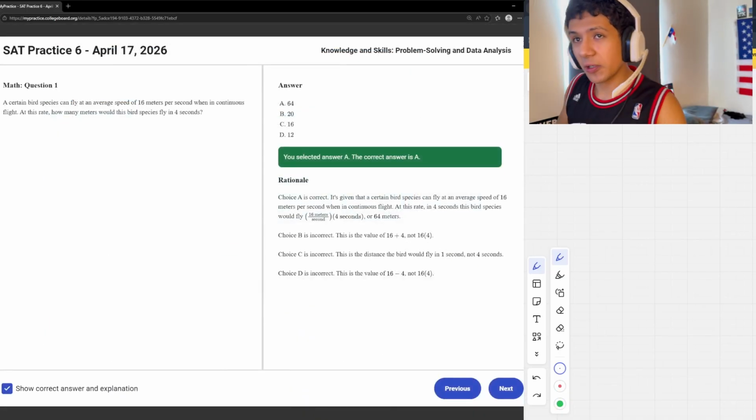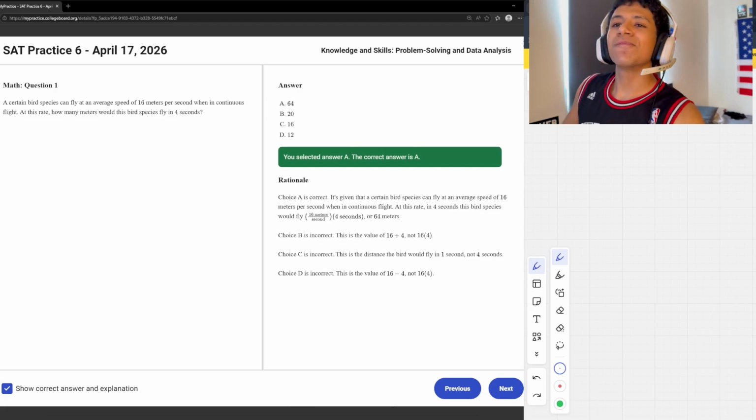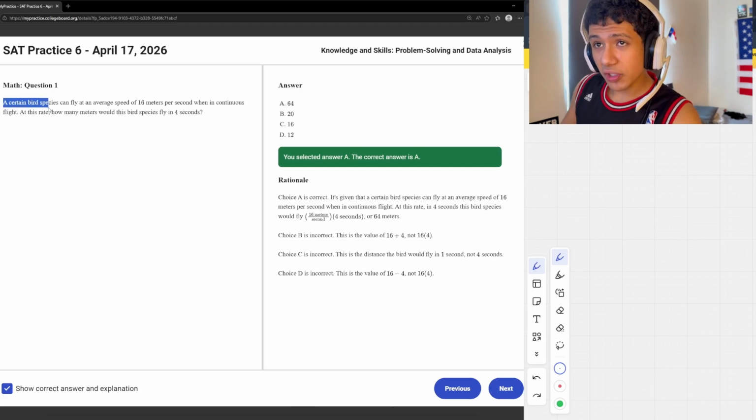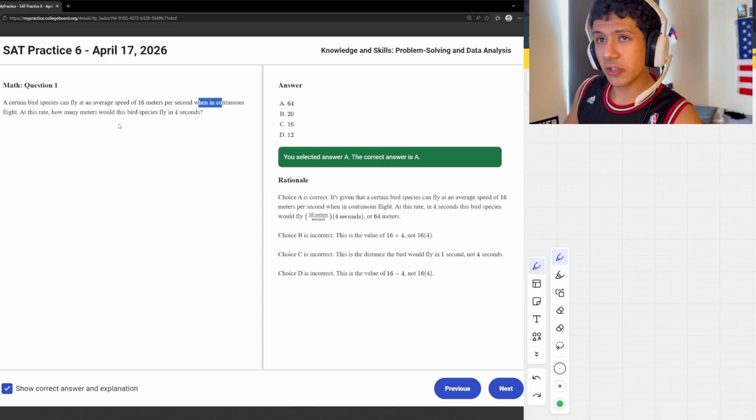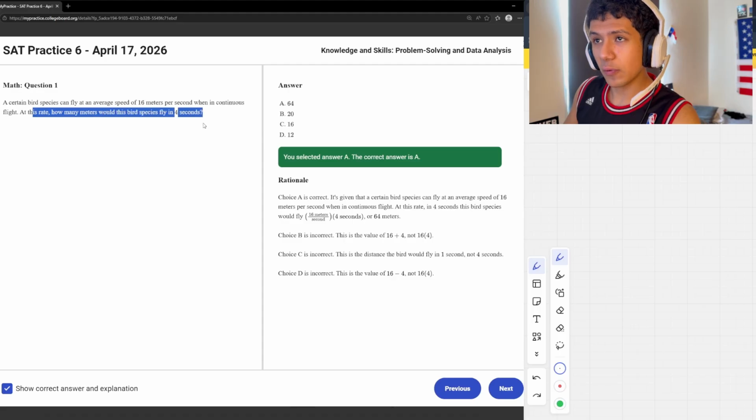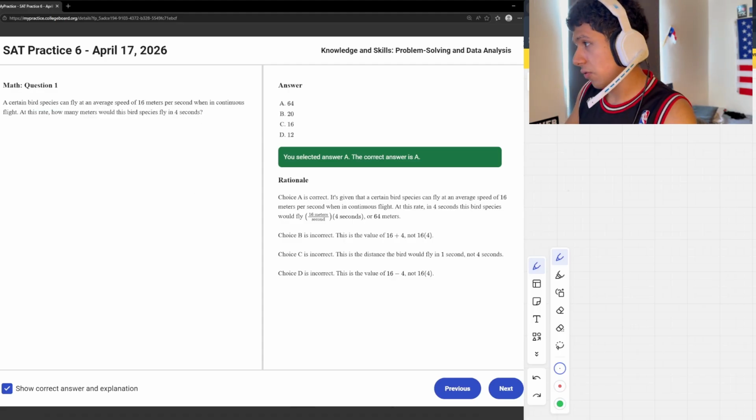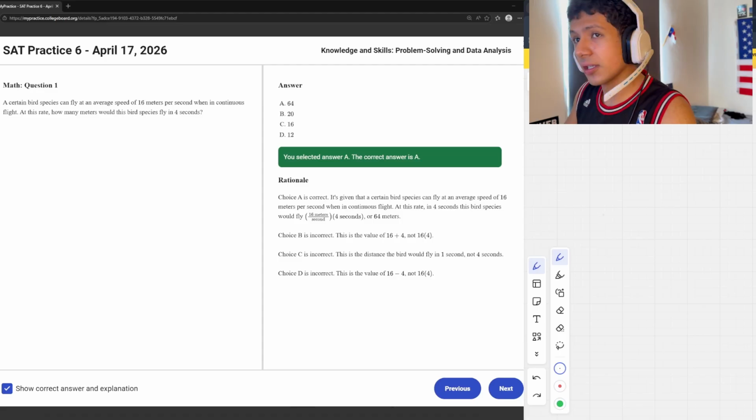Let's start right now with question 1. A certain bird species can fly at an average speed of 16 meters per second when in continuous flight. At this rate, how many meters would this bird species fly in 4 seconds? Alright, so I got my whiteboard here.